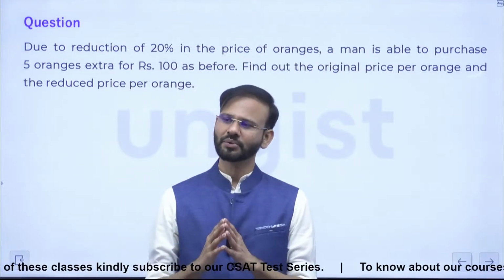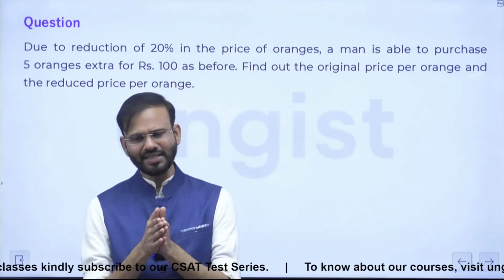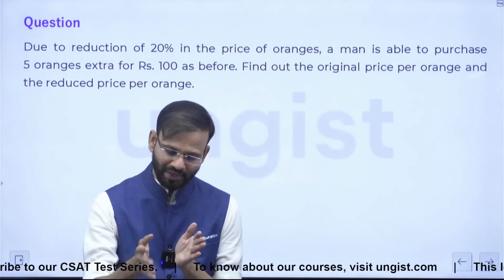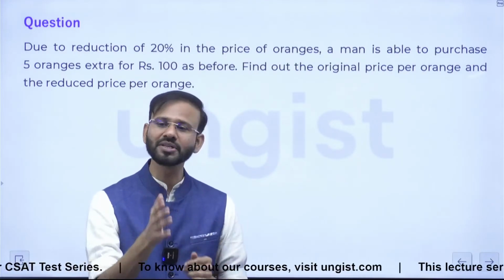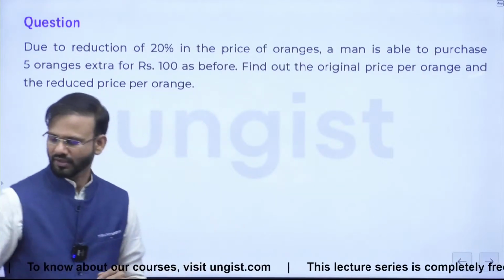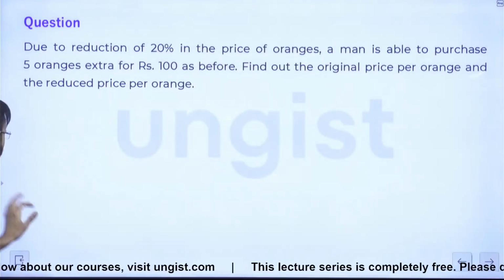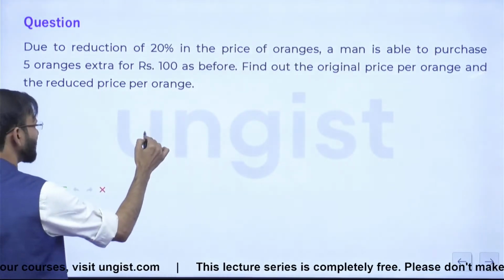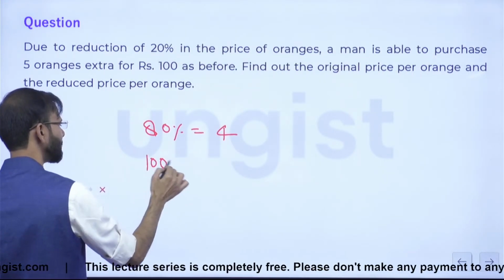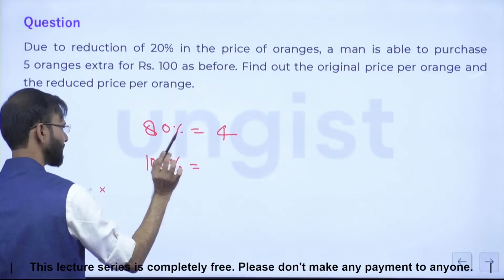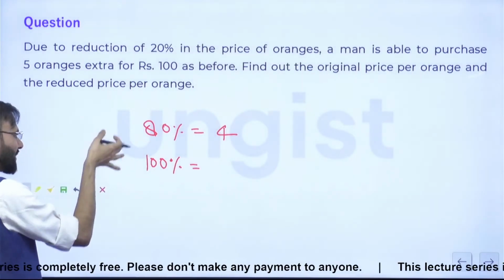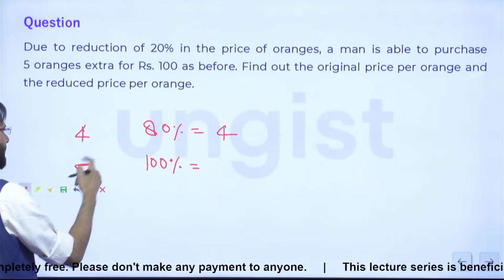And you just tell me, if the price is reduced by 20%, which means today's price is 80% with respect to the original price, right? So if 80% of the original price is 4 rupees, then 100% of the original price will be what? This is the question, guys, right? And now please everyone, just try to maintain the ratio. Here it is 4:5, yes or no?